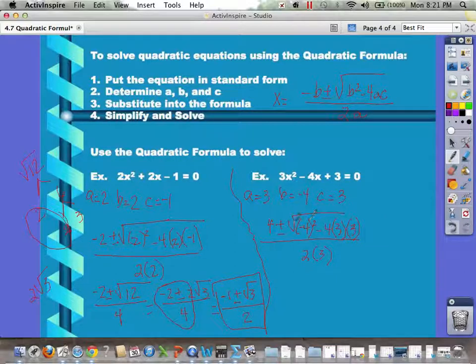Again, put all this stuff under the radical into your calculator first. So that's going to be 4 plus or minus the square root of, let's see, 16 minus 4 times 3 times 3, which is negative 20, all over 2 times 3, which is 6.